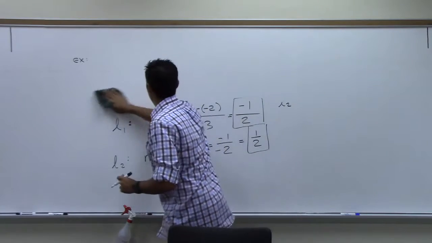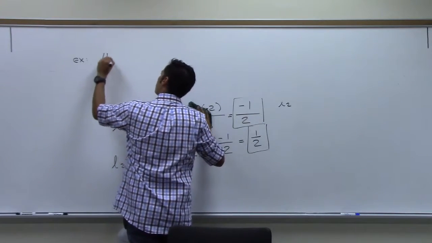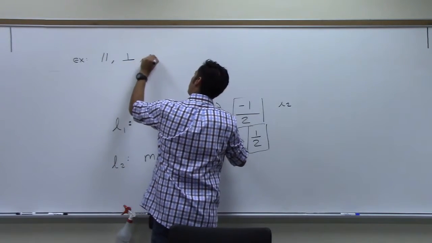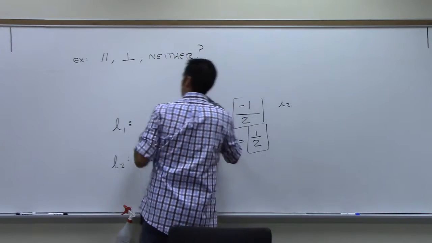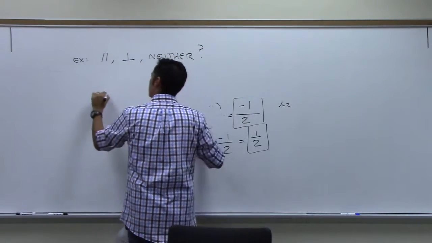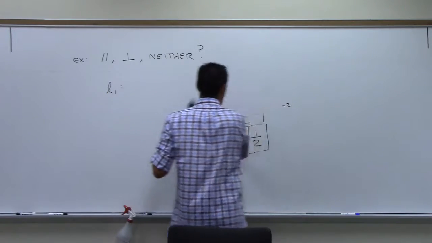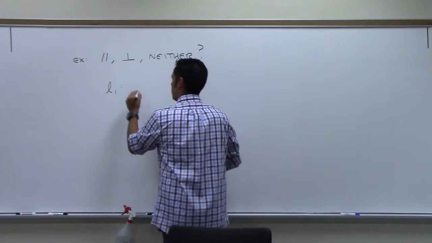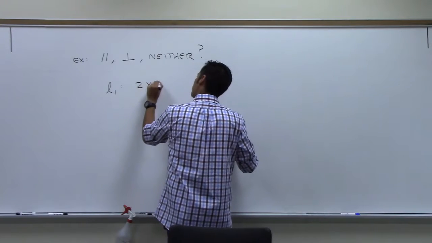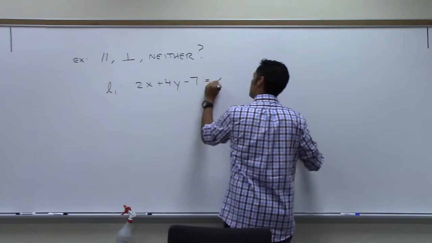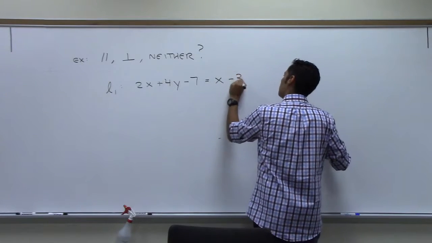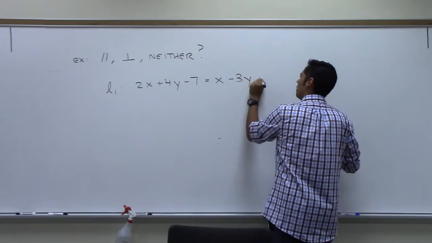All right, let's try something a little different. Same question. Parallel, perpendicular, neither. That's the question. And here are the two lines. L1, 2x plus 4y minus 7 equals x minus 3y plus 3.